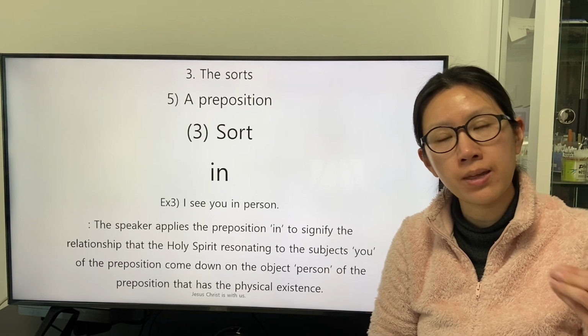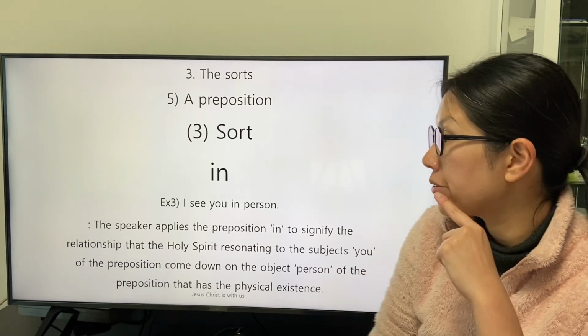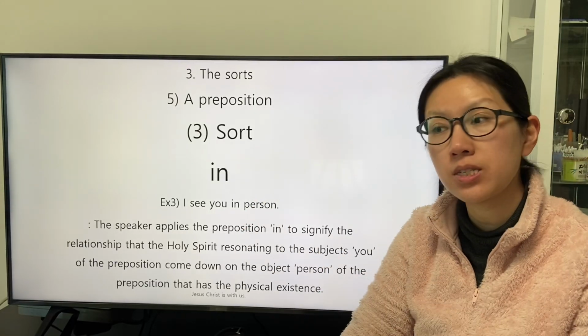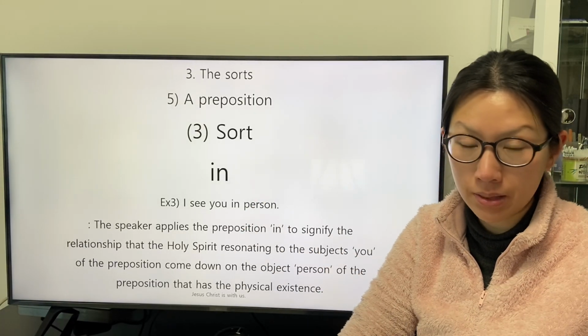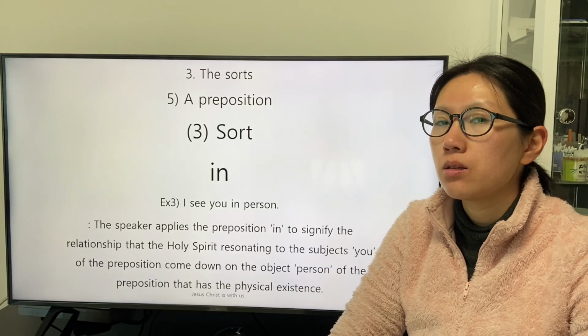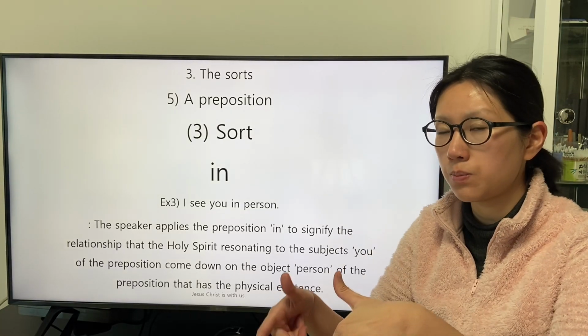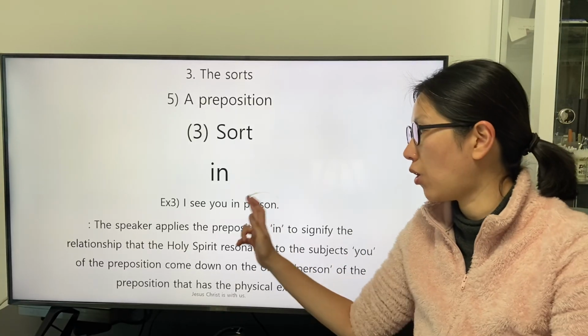So we can understand that the range of the indication by the general noun person is not determined by the speaker. This tells us that the speaker focuses on the spirituality of the object.